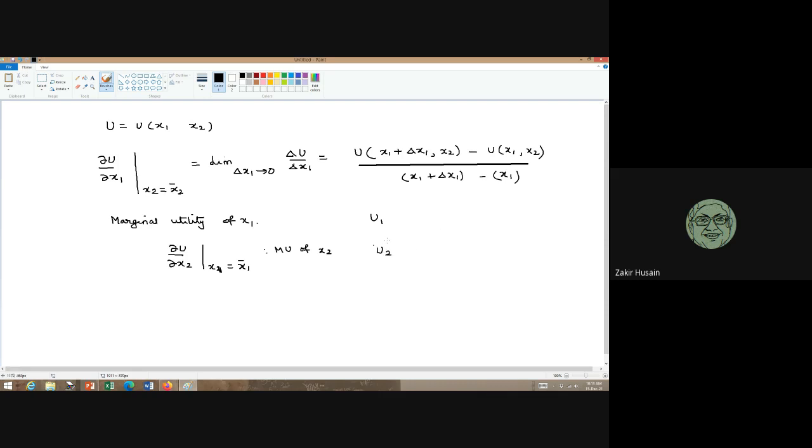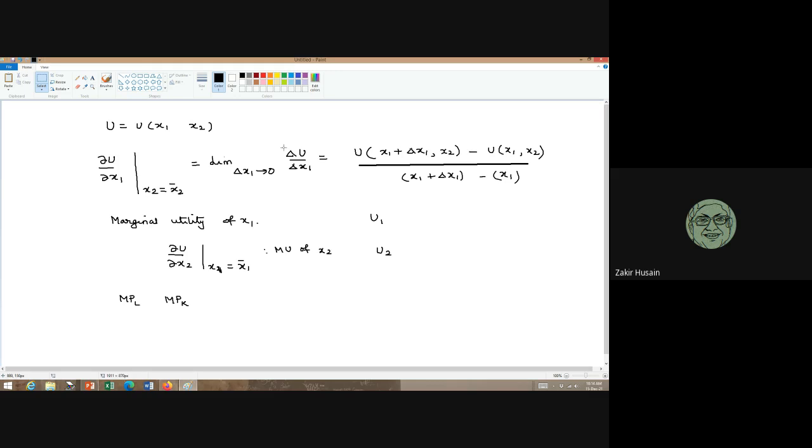Okay. In case of production, we write the marginal product of labor as MPL and MPK is the marginal product of capital. Okay. So U1 is the first partial derivative. Clear? So when X2 is constant. Yes. So when we write partial, we don't have to write this. That is part of the definition.